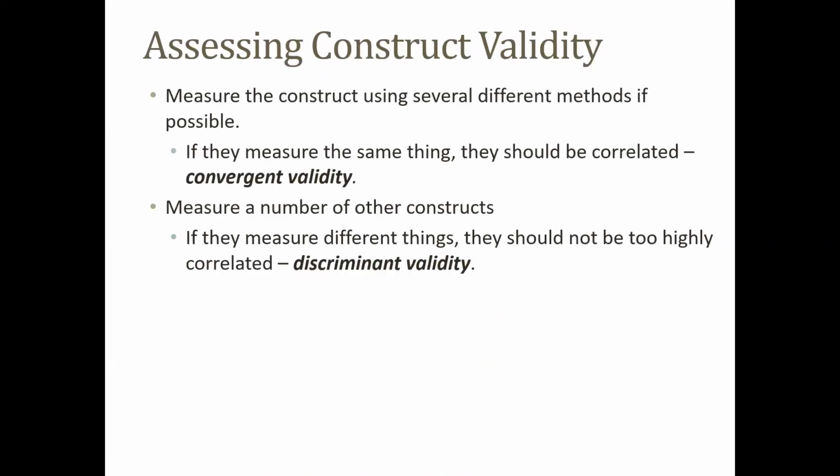Now, if the measures measure different things, then they should not be too highly correlated. So if the measures for green performance are truly different from the measures for green leadership orientation, then these two should not be highly correlated.